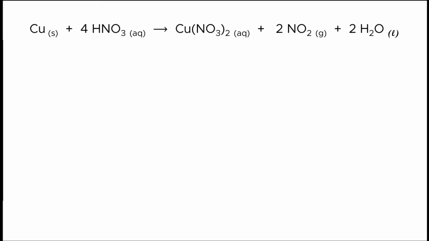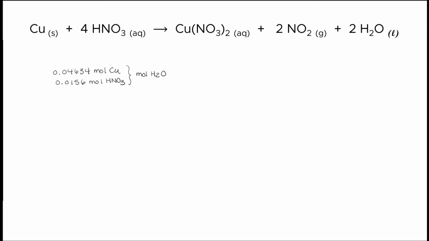In our first example, we're given 0.04634 moles of copper and 0.0156 moles of nitric acid, and we are asked to calculate the theoretical yield of water in units of moles.